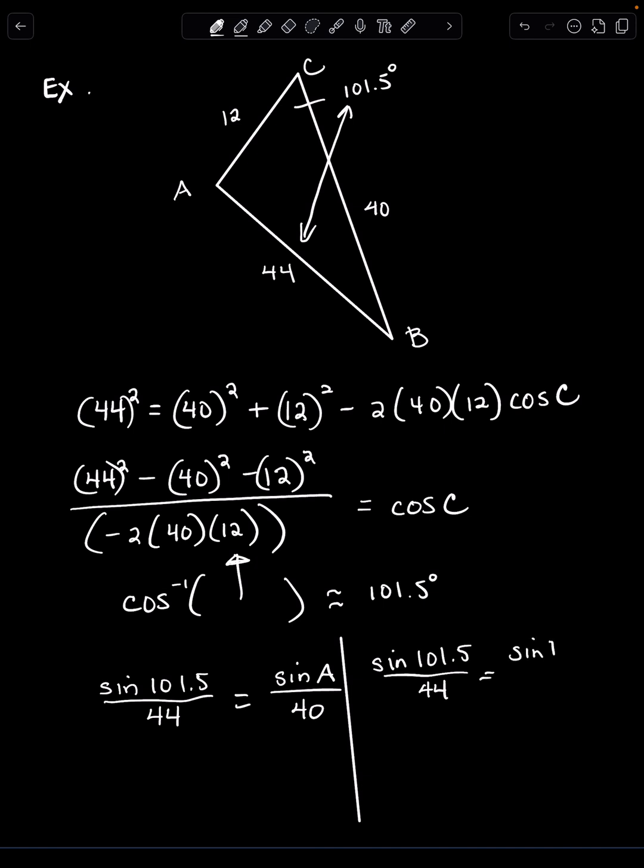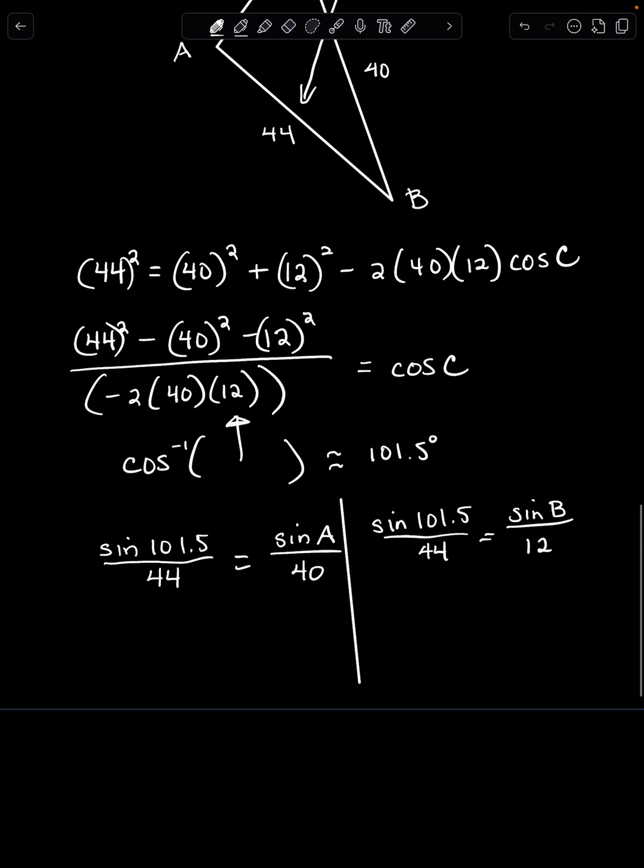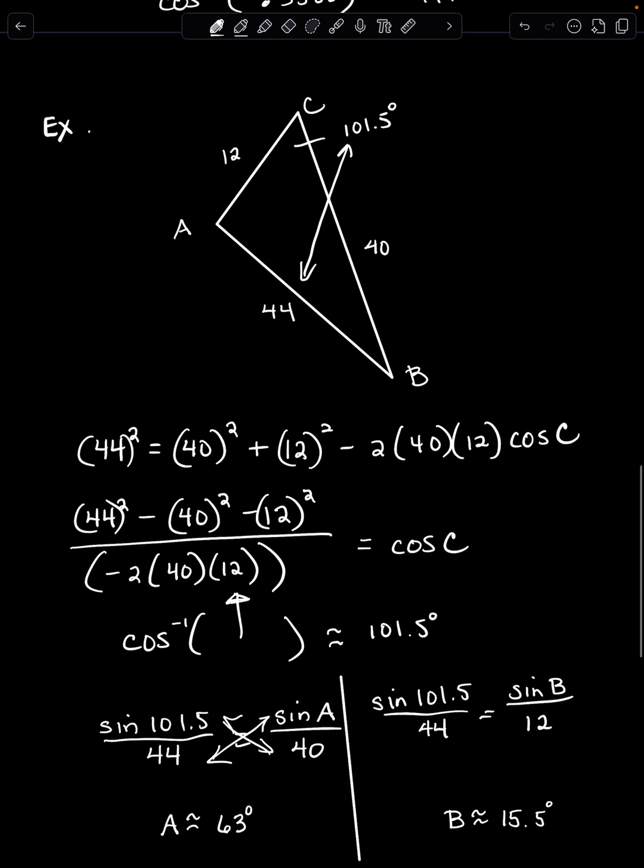So we've got the sine of b over 12. We already know how to do this. This is cross multiplying, isolating, using the inverse function. And so a is approximately 63 degrees and b is approximately 15.5 degrees.